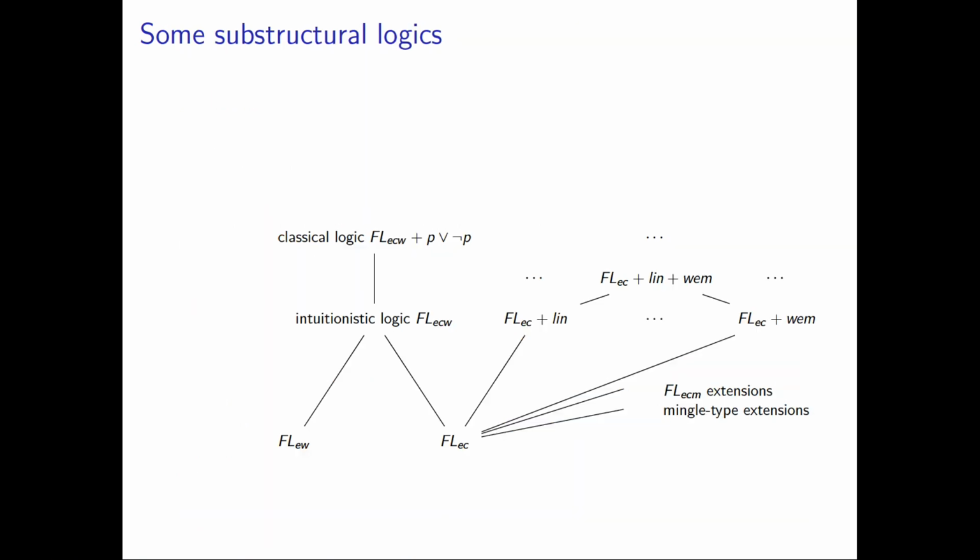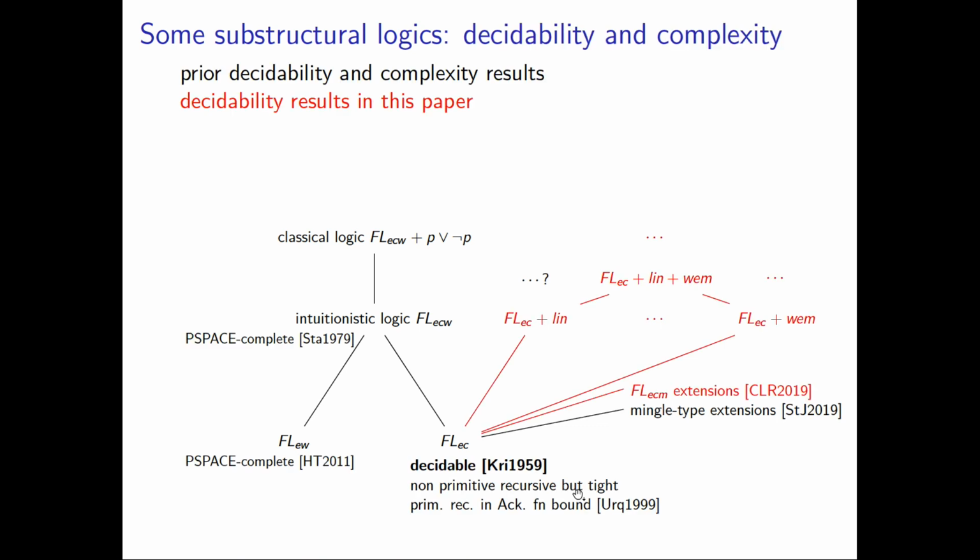Let's look at it via a diagram, the logics that we're talking about here. So here are some selected substructural logics. We can see these are ordered by subset containment, and so you have FLEC here, and here are extensions of FLEC by various axioms. Here are the known decidability and complexity results in this region of logics.